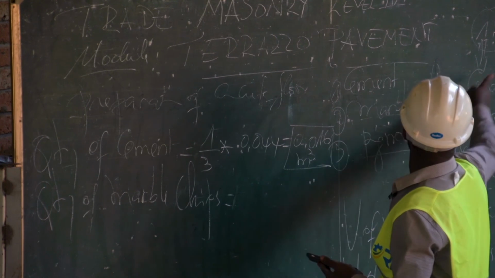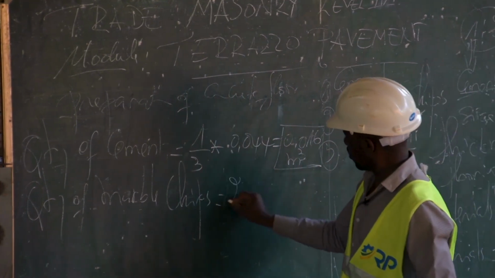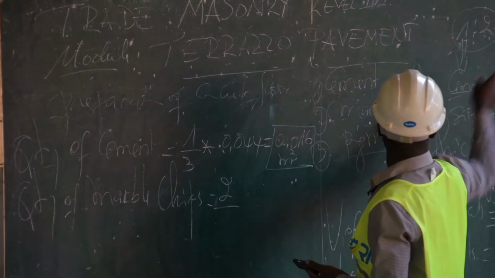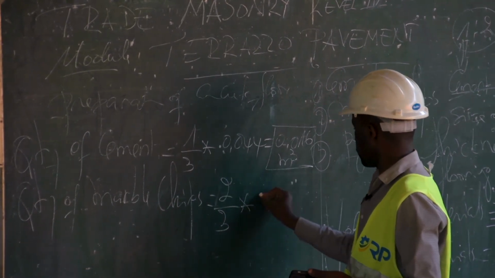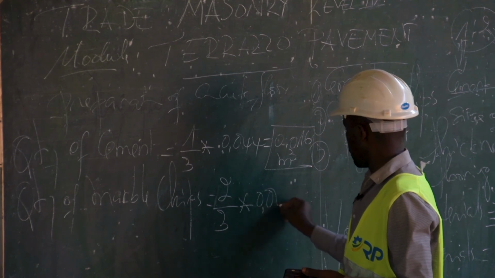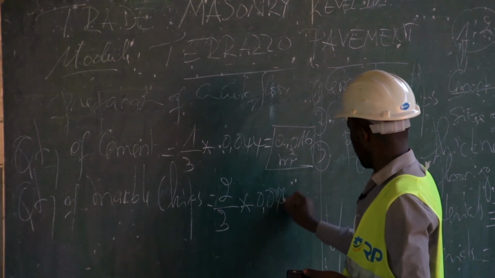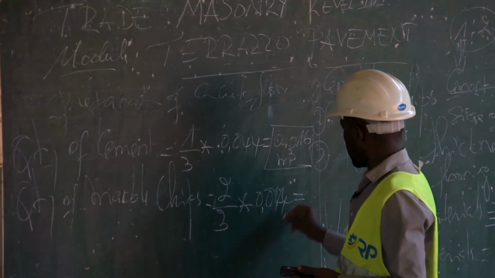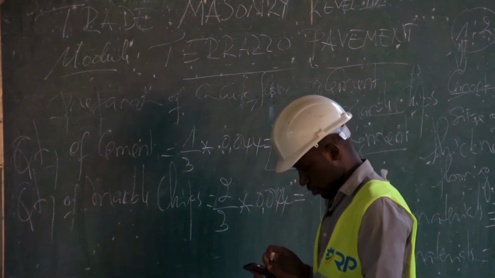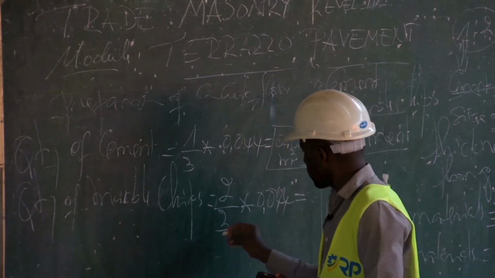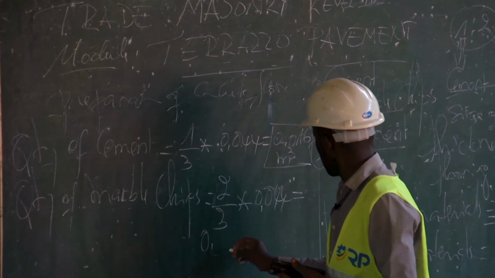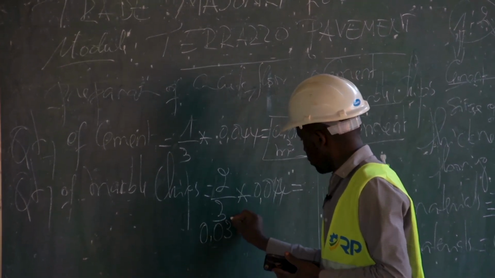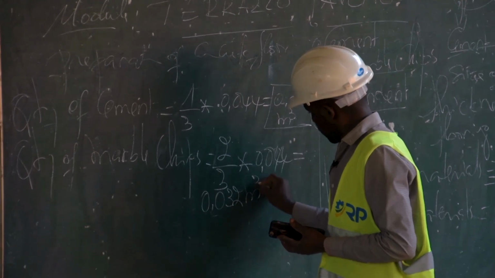To the ratio of marble chips, which is 2, over the sum of mix ratio, which is 3, times the dry volume, 0.044. That will be equal to 0.032 cubic meter.